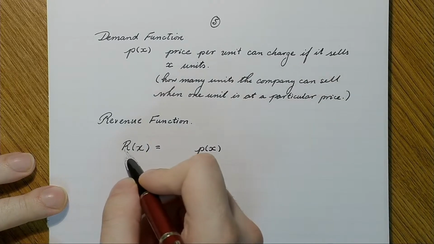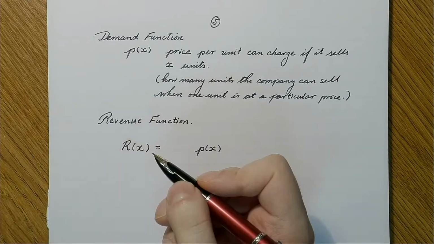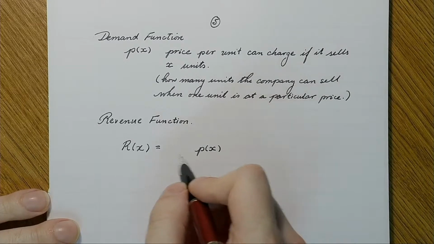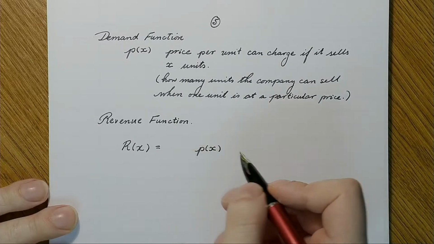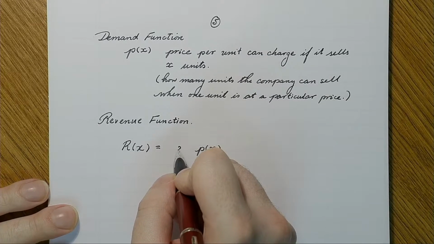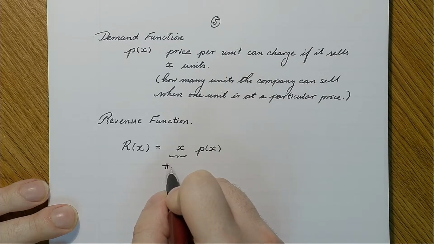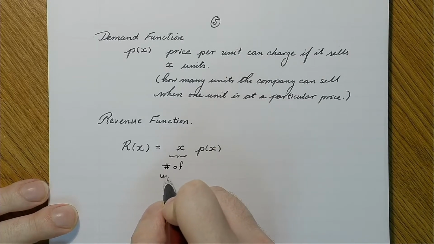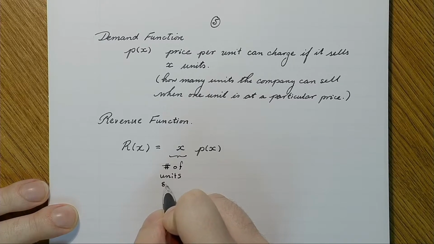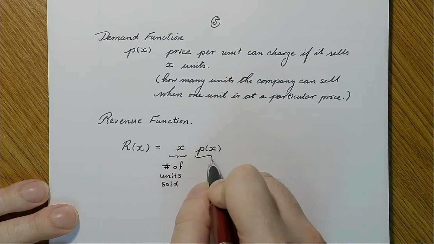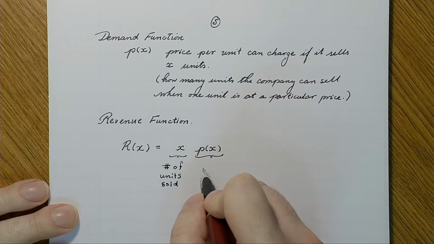So again, the revenue is how much money that the company's going to make off of a product. So it's going to be how many they can sell multiplied by the price. So this is the number of units sold. And this is the price, basically.